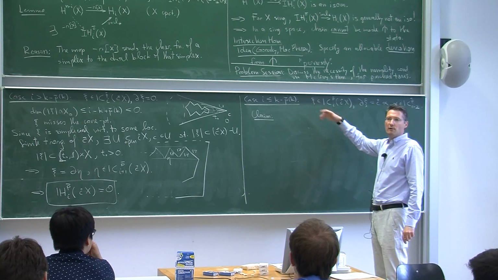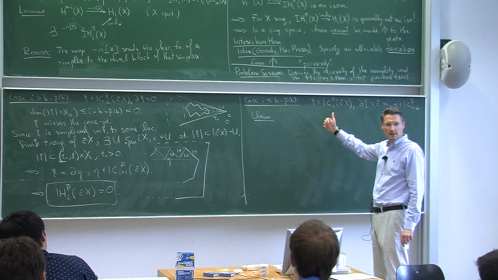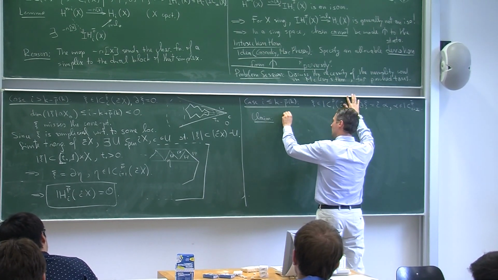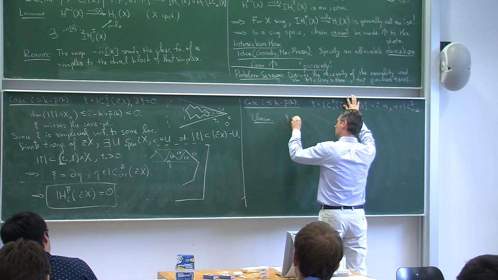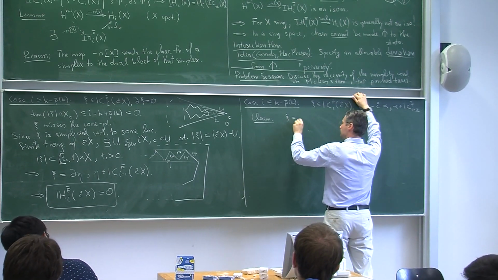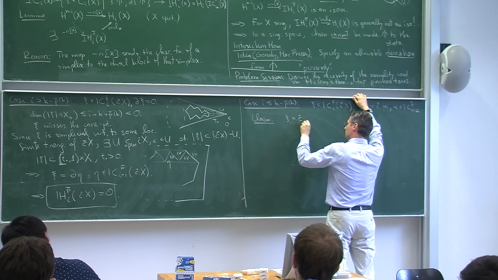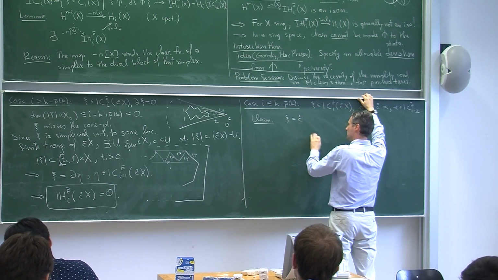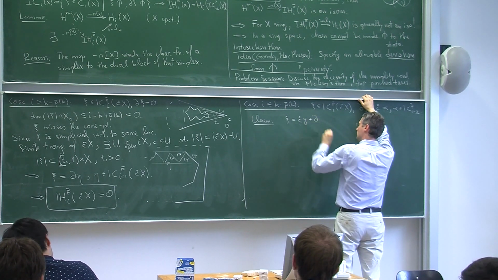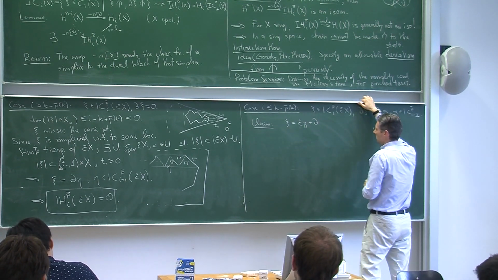Now that can of course not literally be true, it can only be true up to a boundary. So what I want to claim is that I can write xi as a cone on some gamma, up to a boundary.